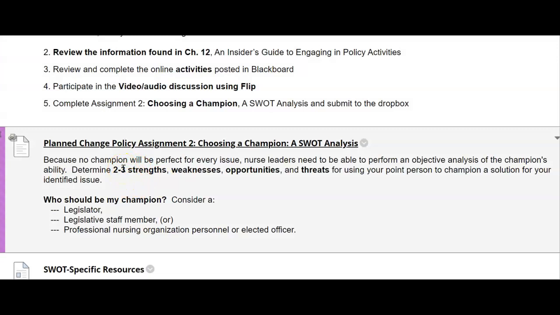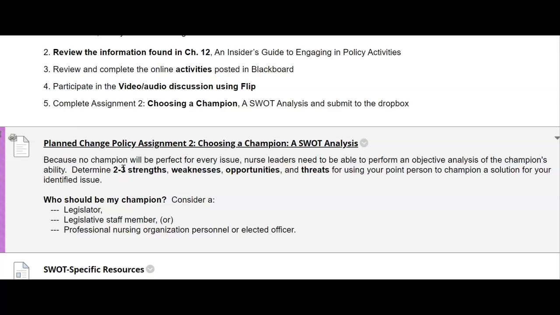Because no champion will be perfect for every issue, nurse leaders need to be able to perform an objective analysis of that individual's ability. So I'd like you to determine 2 to 3 strengths, 2 to 3 weaknesses, and perhaps opportunities and threats for using your point person to champion a solution for your identified issue.